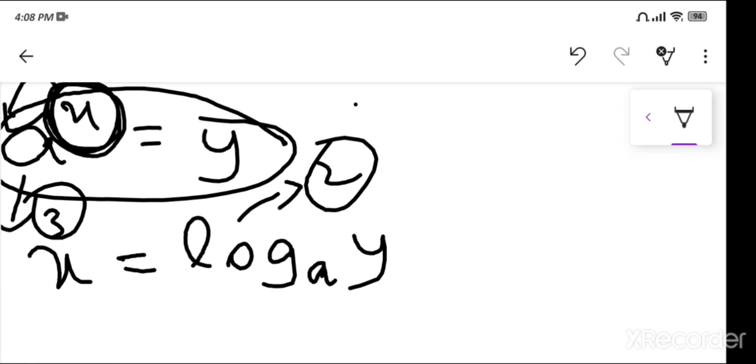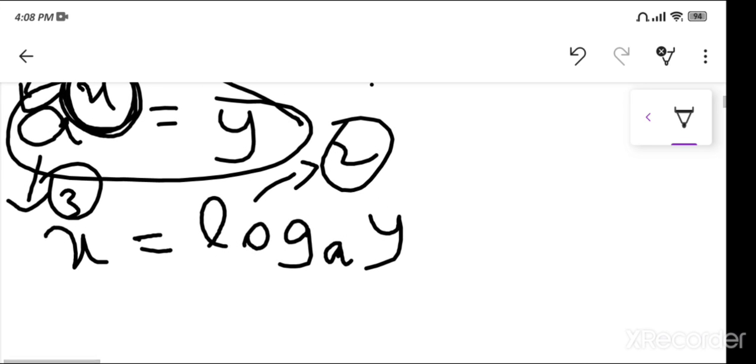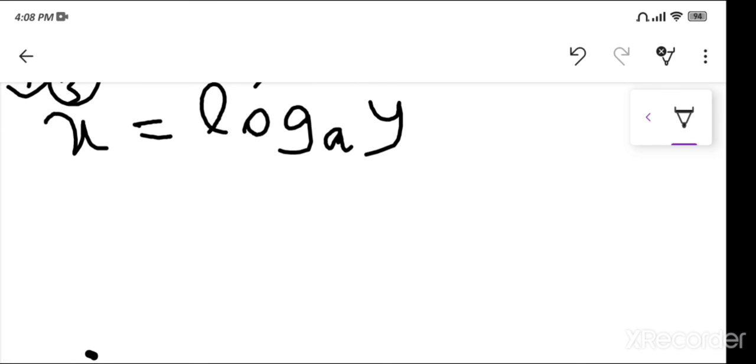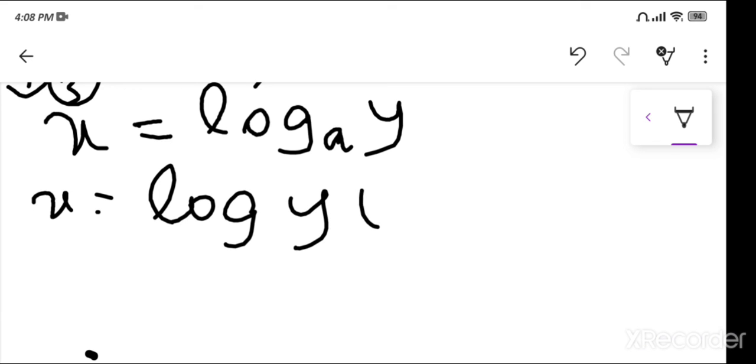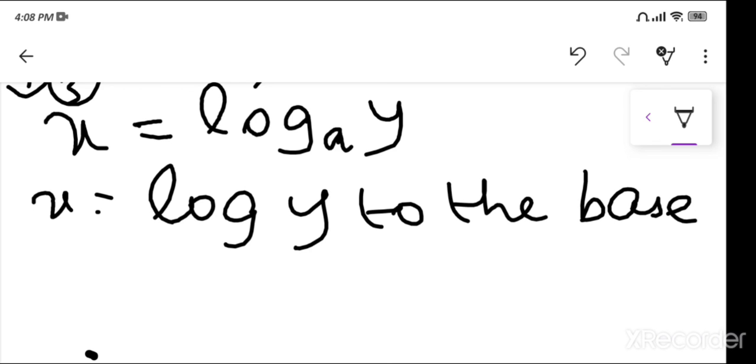You write the base underneath the log, next to the y. That's it. How do you read this? x is equal to log y to the base a. Let me write that for you. x is equal to log y to the base a. Yeah, that's how we do it.